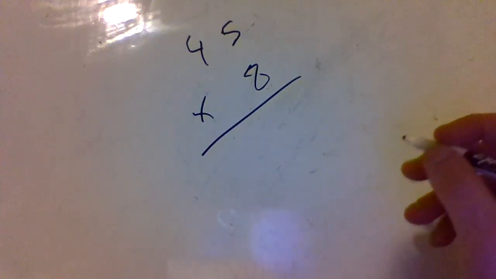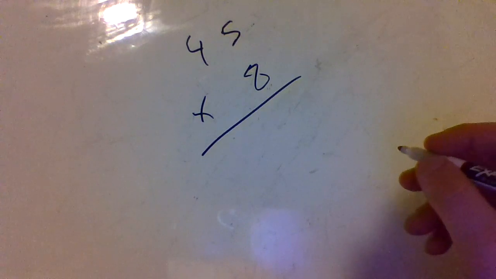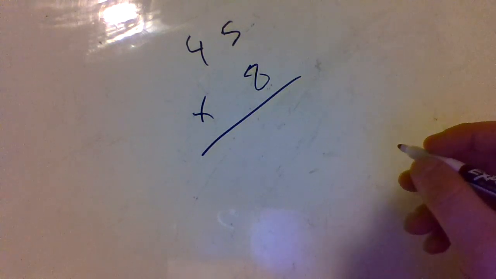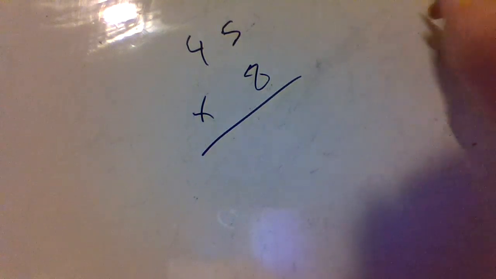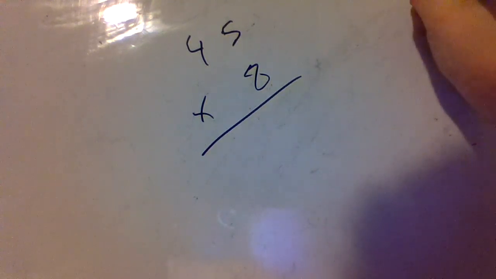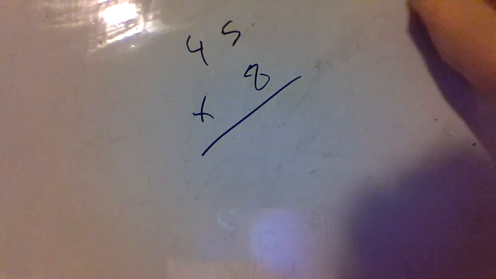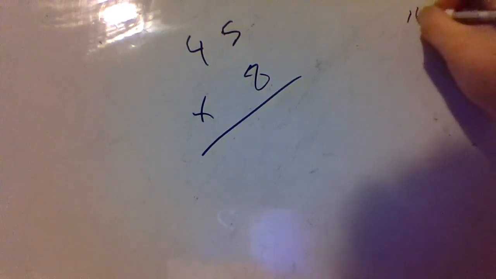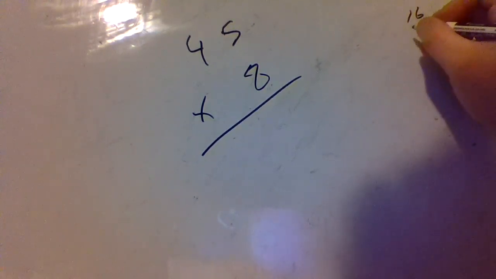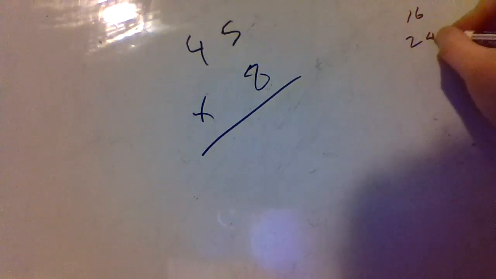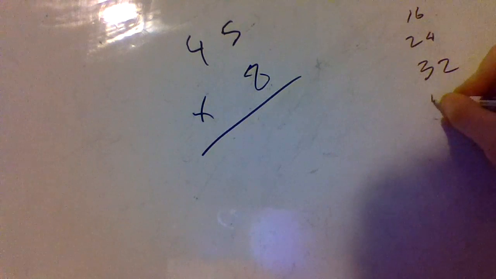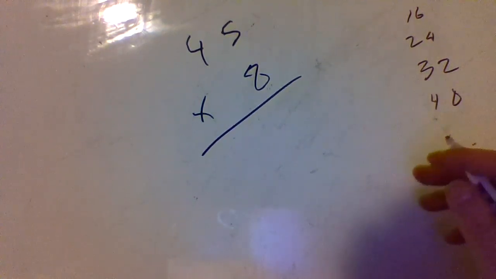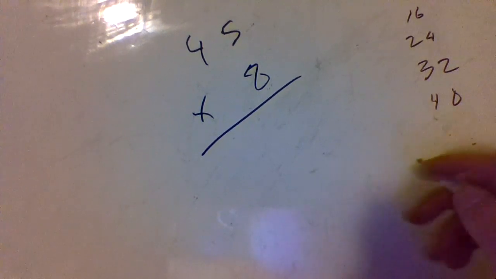So one thing you can do, and one thing that I think would save time, is if you list your 8s. 1 times 8 is 8. 2 times 8 is 16. 3 times 8 is 24. 4 times 8 is 32. 5 times 8 is 40. So that's all that we're going to need for this one.